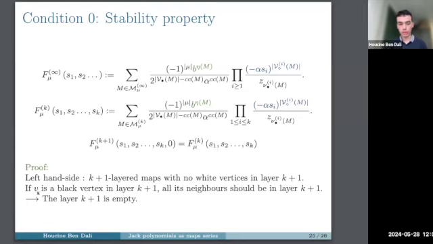Because if you imagine that there is one black vertex v in layer k plus 1, by definition, it should have at least one white neighbor. But this white neighbor will take the maximum label among all its neighbors. And since k plus 1 is maximal, this white neighbor will have label k plus 1. But we know that this is not possible, and this proves that the map does not have any vertex in layer k plus 1. In particular, this layer is empty, and this just corresponds to a k-layered map.